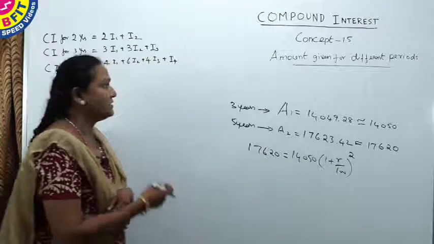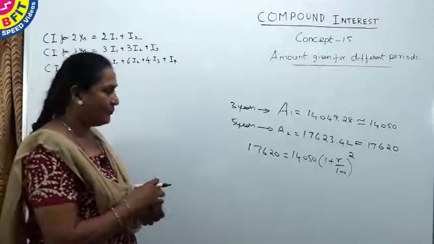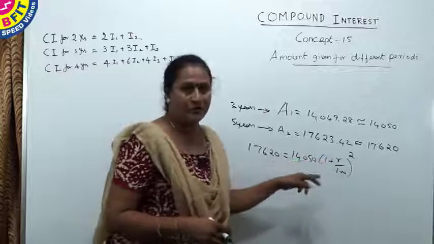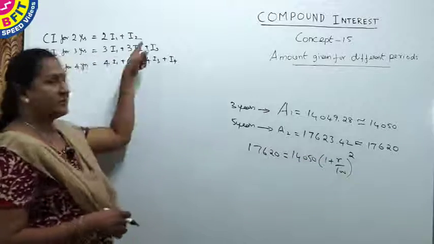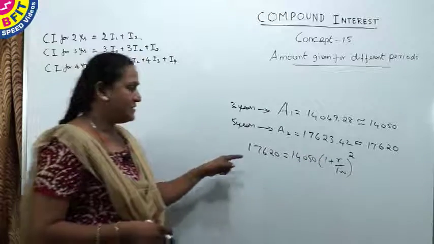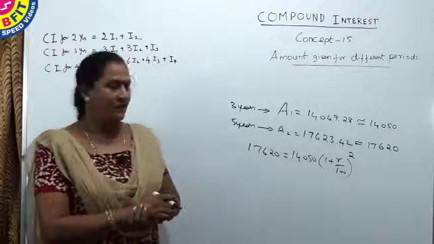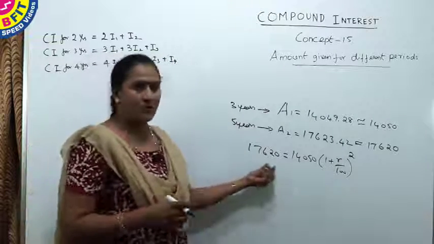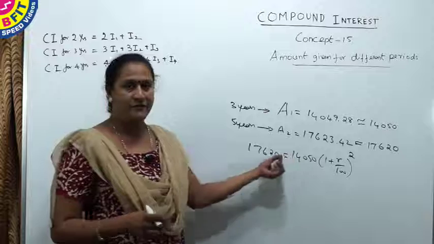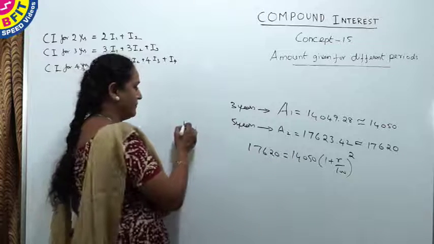And we can use the same I1, I2 concept. So here it is for 2 years. We can use this 2 years I1, I2 concept and check what the rate will be, and with the help of the options we can find it out. So we'll see what the interest is for the difference in the two amounts.